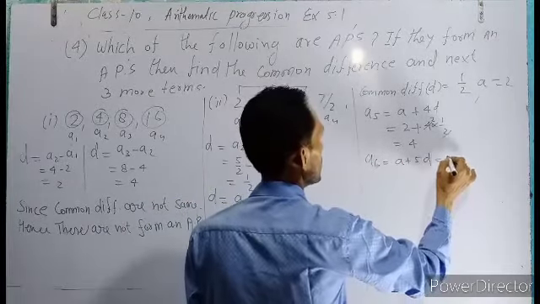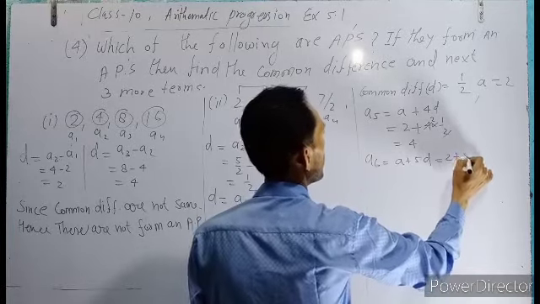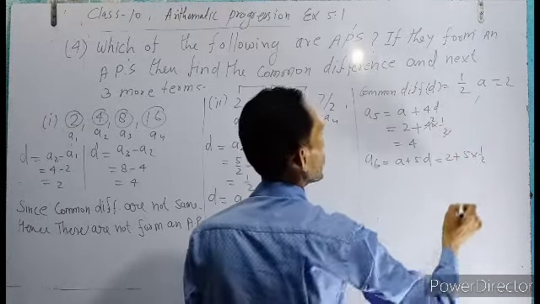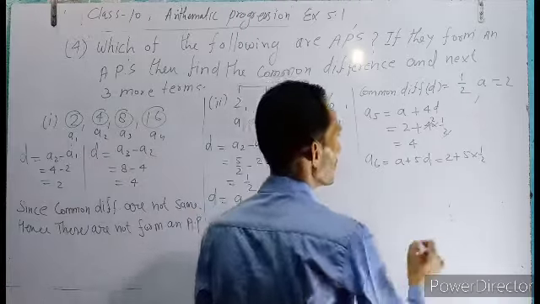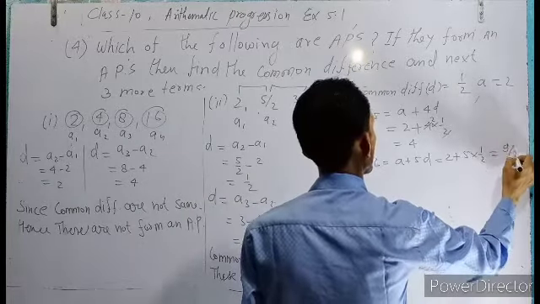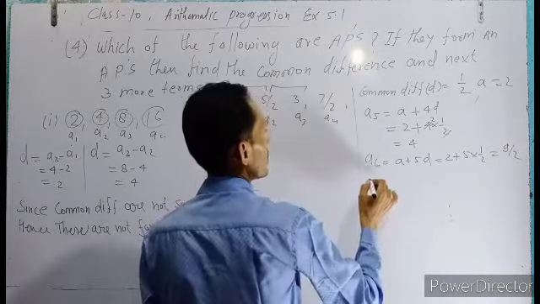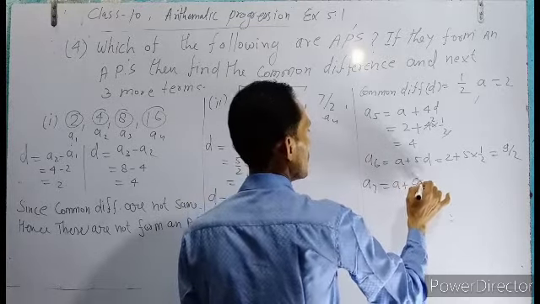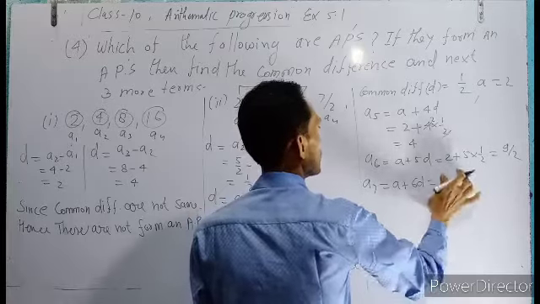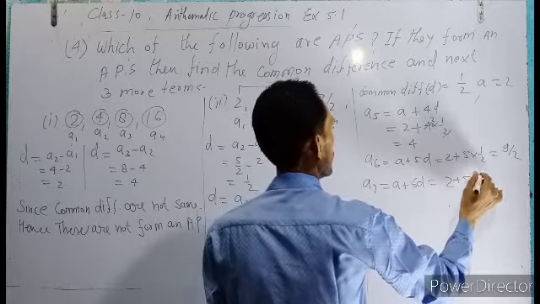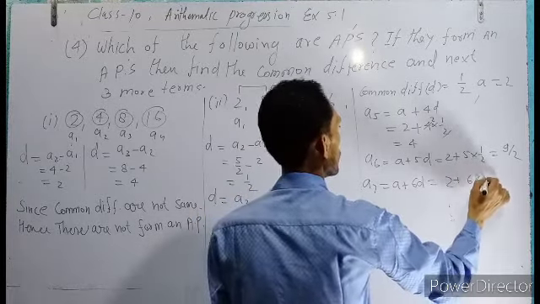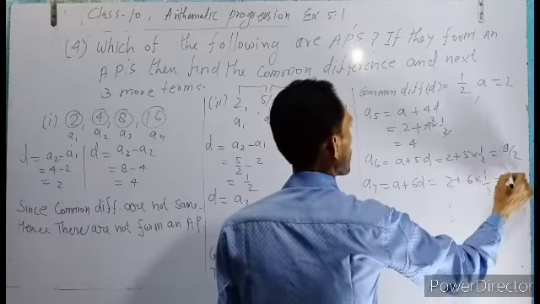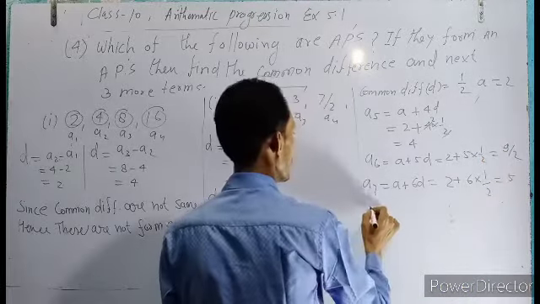A is 2, and 5 into 1 by 2 is 5 by 2, so 9 by 2. So A6 is equal to 9 by 2. Similarly, A7 means A plus 6D, that is 2 plus 6 into 1 by 2, 3, so 2 plus 3 equals 5.